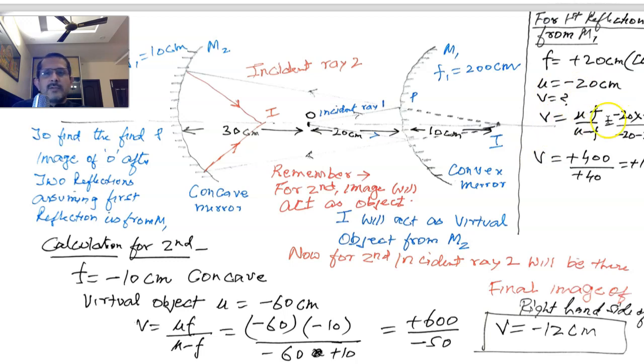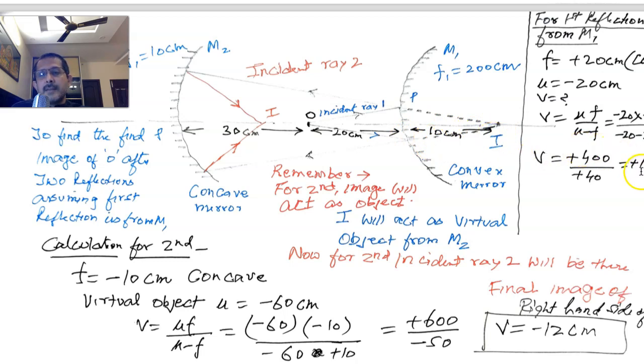Using the formula v is equal to uf over u minus f, we can find that v would be 10 centimeter. Now remember, this is plus 10 centimeter. So plus 10 centimeter would be in the same direction as this. So pole to that image point, wherever the image forms, is 10 centimeter, and that direction is plus 10.